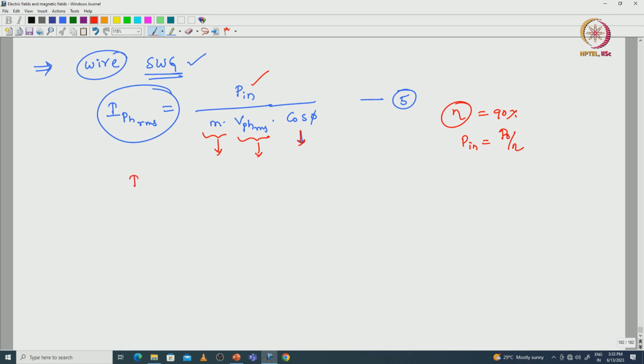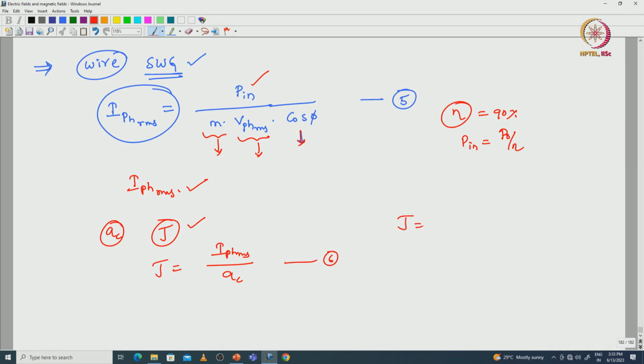Once we know the I phase RMS, we can find the area of cross section with respect to the current density. Current density J is equal to I phase RMS by area of cross section of each conductor. This is equation number 6.